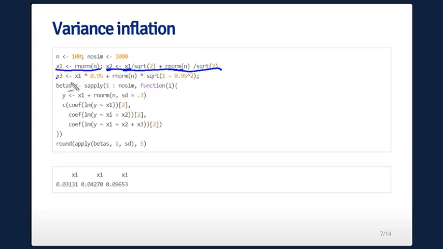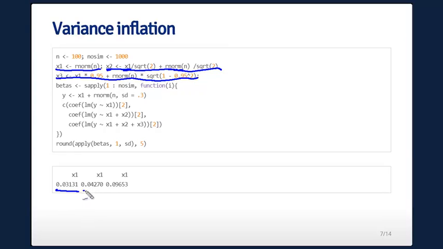In this case now, the variance of x3 is also 1, but x3 is highly related to x1, right? It's sort of 95% x1 and a lot less of x2. So then I just did the same thing, and now you can see for x1, here's my standard error estimated by simulation.